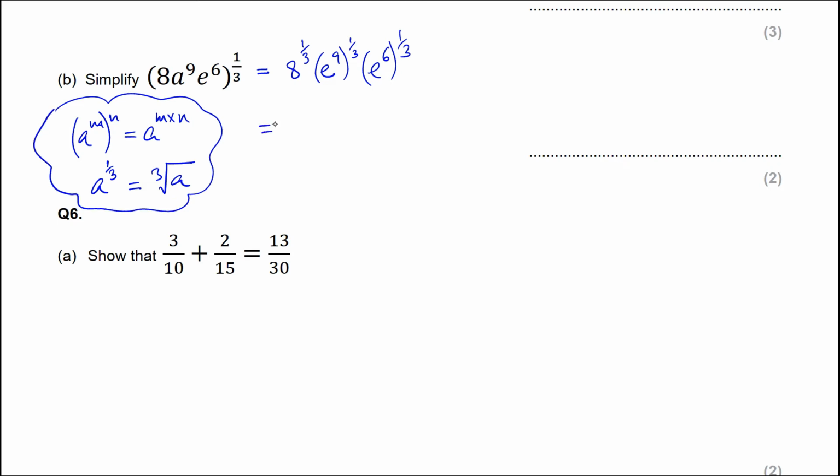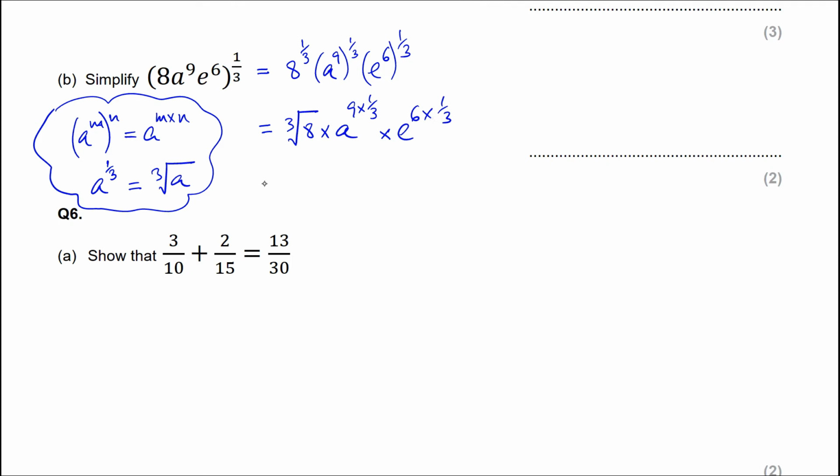So here, this is same as cube root of 8. Now, here we have a to power 9 multiplied by a third. Sorry, actually this was a, my apologies. So that's a to power 9. And then here we have e to power 6 multiplied by a third.